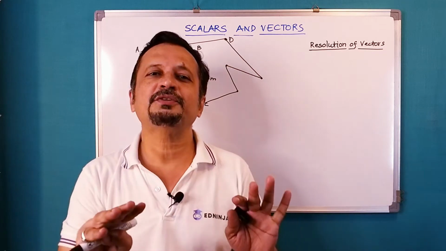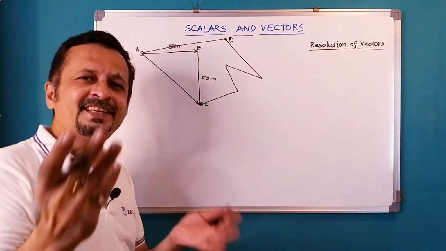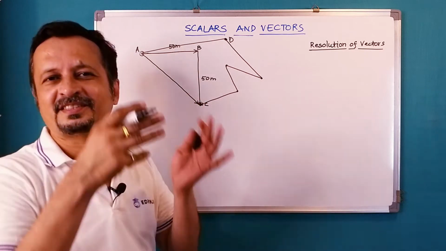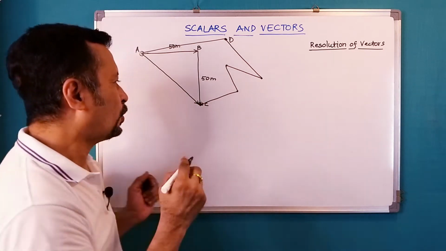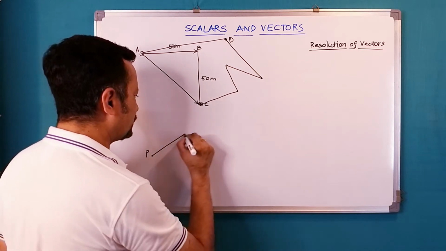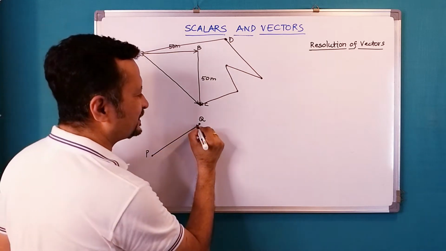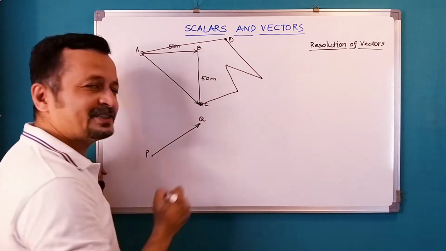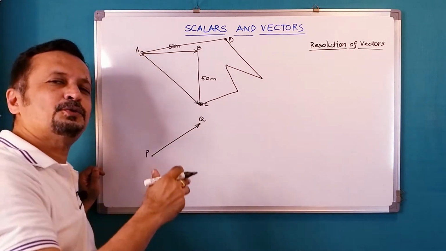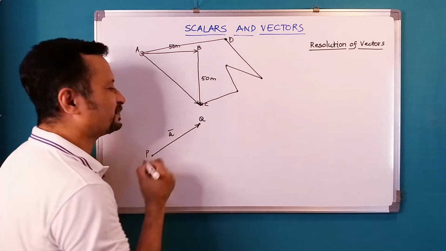The most convenient way of doing it is imagining that I walk towards east and then towards south, isn't it? Or then I start from point P here and I'm going to reach point Q here. So this PQ is some vector. Let us call this vector A bar.